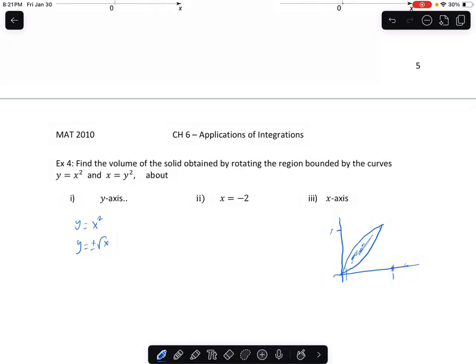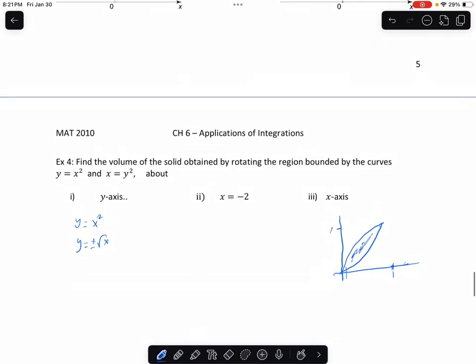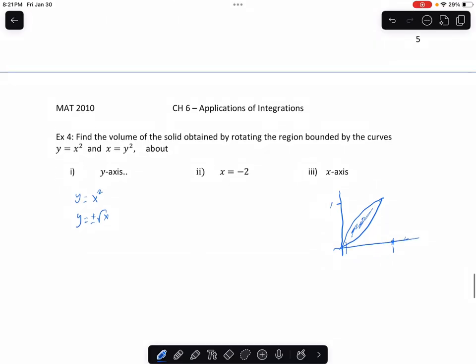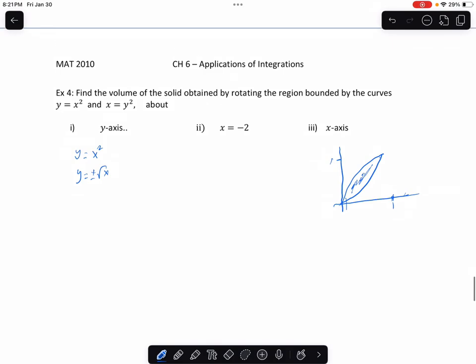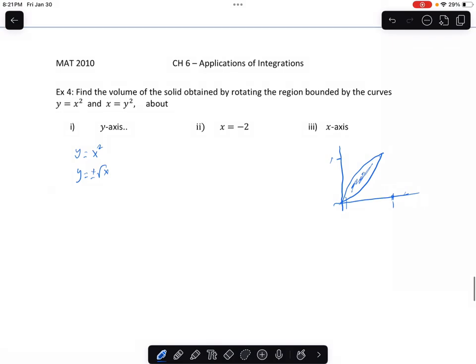So the first case is that we revolve around the y-axis. We get something like this.